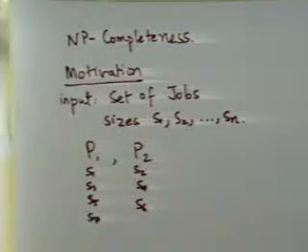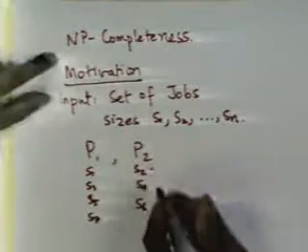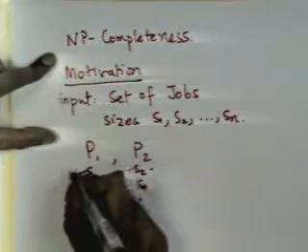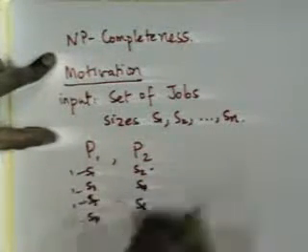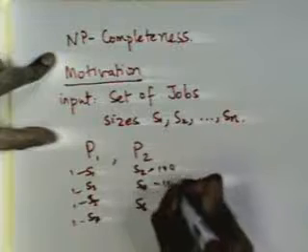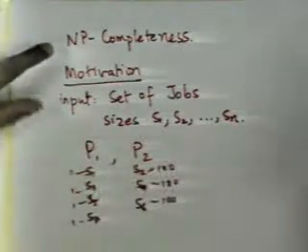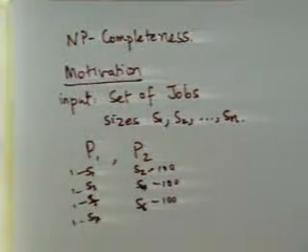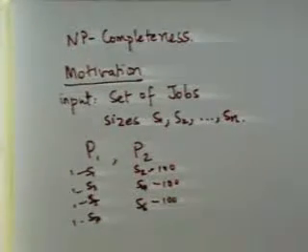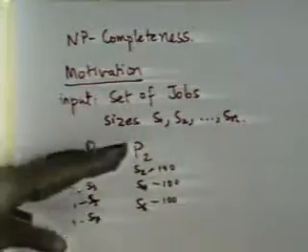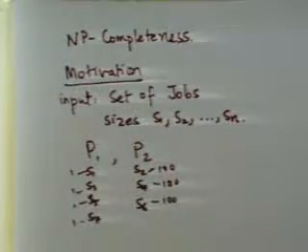Now it may so happen that these are very large jobs. Let's say these sizes are 1 and these are 100. Then the time at which the last job completes is 300. This processor finishes off in 4 units of time, while this takes 300 units of time. So the last job finishes after 300 units of time.